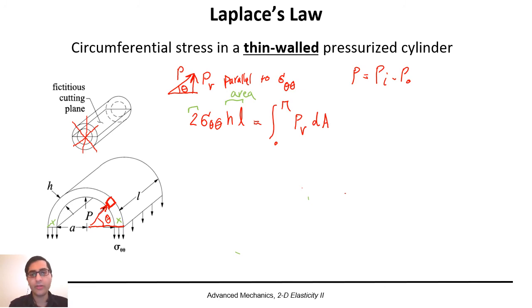Okay, we already know that P_V is the projection of P, so basically P_V is P sine of theta, and also we can say that dA is A, the radius, multiplied by d theta, a small increase in the angle, multiplied by L, the length.